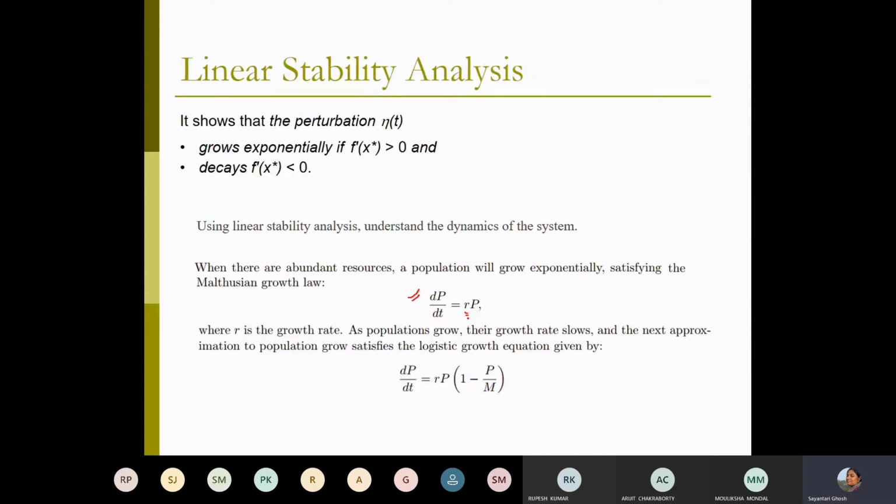So if I asked you that at t is equal to 1, there were 10 fishes present in the pond, then the rate of change of the number in the next time step should be proportional to the number present there, isn't it? Same goes for the people present on Earth, right? The number of people present on the Earth or the number of bacteria present in a petri dish, their numbers at the next time step depend on how many of them are present there right now, right?